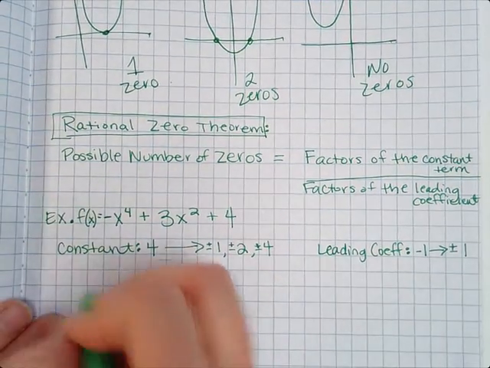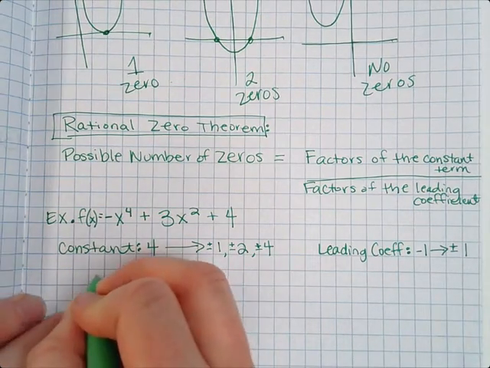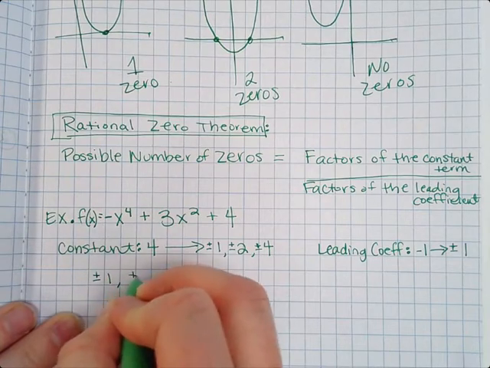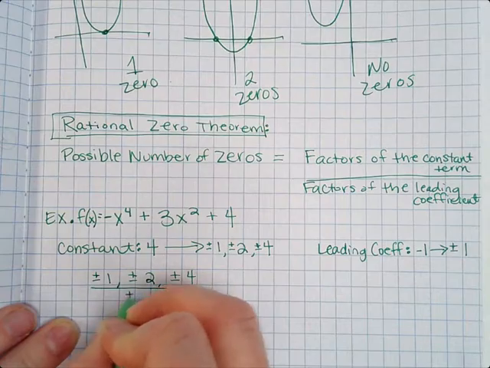Okay, so now we write it as each one of these over our leading coefficient. So it'll be positive negative 1, positive negative 2, positive negative 4 over positive negative 1.